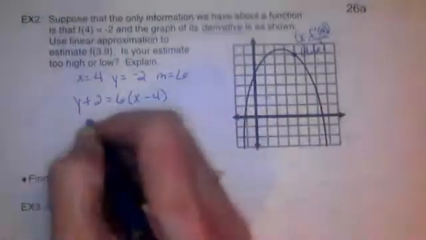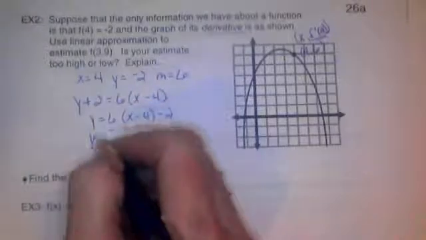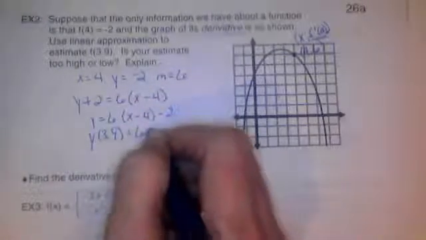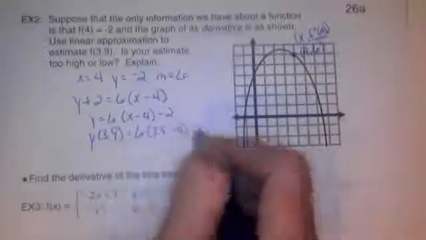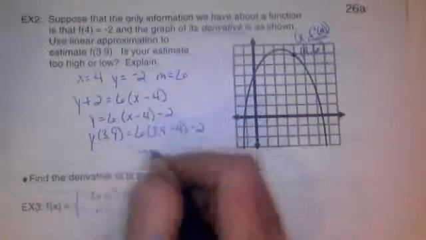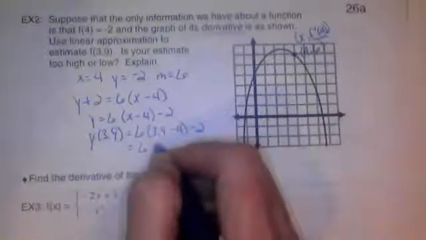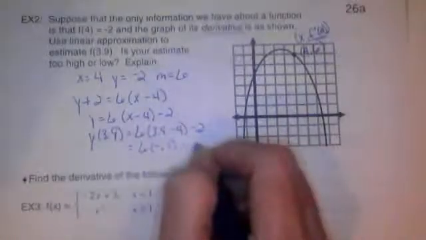All right, we may want to move that 2 over so we can use our approximation. So subtract 2. So now we're going to plug in the 3.9. So we have 6 times 3.9 minus 4 minus 2. So 3.9 minus 4 is just going to be negative 0.1, minus 2.